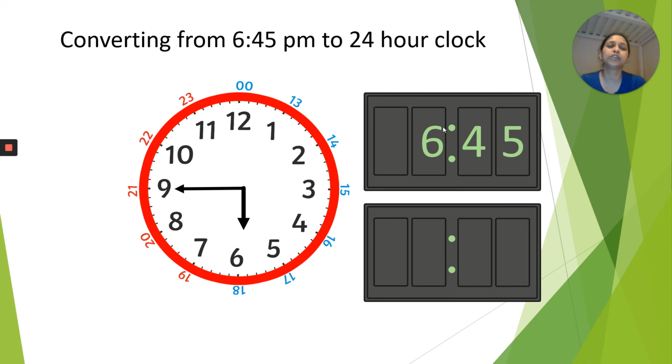One clue I'm going to give you is that your minutes don't change, so you can always write your minutes first. And if it was a 12-hour clock and it was 6, what would your 24-hour clock be? Make sure you have that piece of paper and your pen ready. Pause the video and make sure you write your answer.